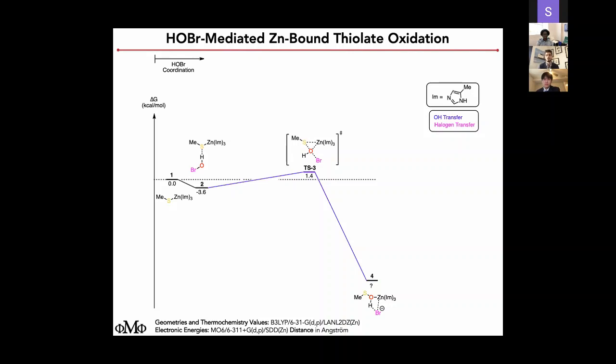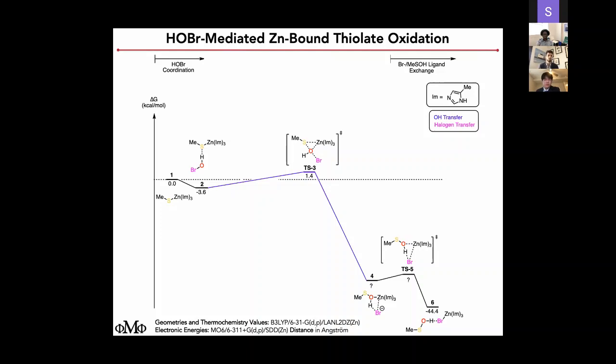This leads us to complex 4, where we have found an O-ligated zinc-bound complex. And finally, after proceeding through transition state 5, we also arrive at our dissociated zinc, sulfonic acid and our zinc-bound bromide. So I've shared here the lowest energy mechanism for that of the OH transfer.